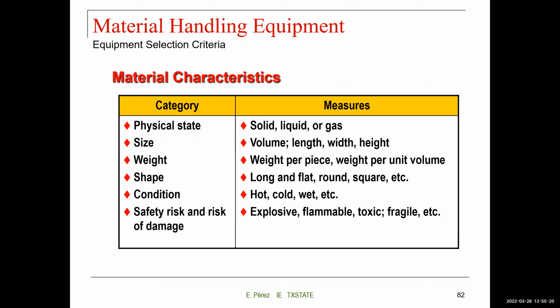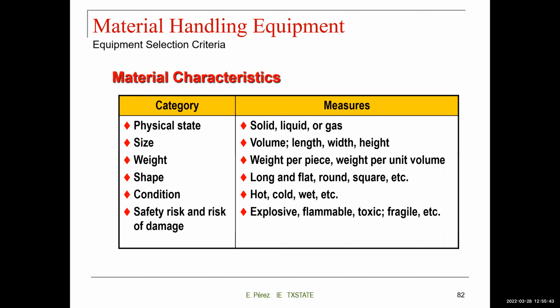Equipment selection criteria. So in order to make a decision, you have to take into account these categories and measures. Depending on the type of product that you're going to be handling: physical state, size, weight, shape, condition, risk of damage.